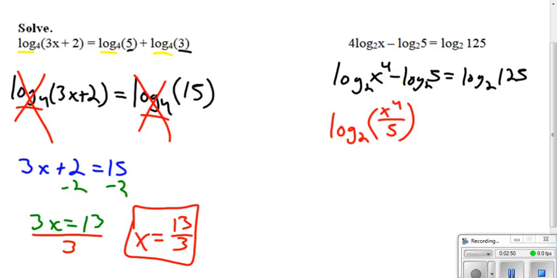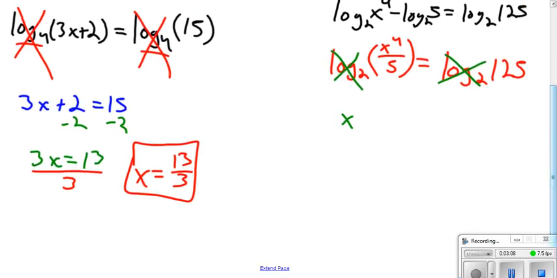That property says that we can bring it into one piece and call it log base 2 of x to the 4th divided by 5. And the right side stays as log base 2 of 125. Now at this point, we just get rid of those log base 2's, and we now have x to the 4th over 5 equals 125.